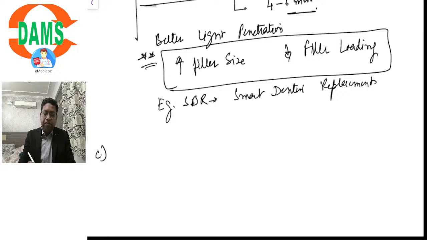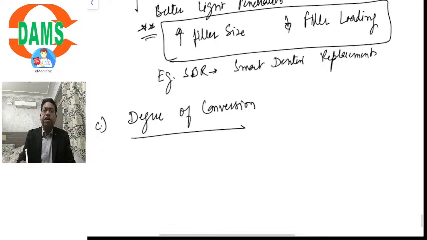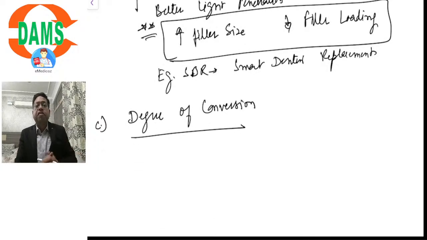Third thing that we consider about the curing variables is known as degree of conversion. We know that we are polymerizing monomers.